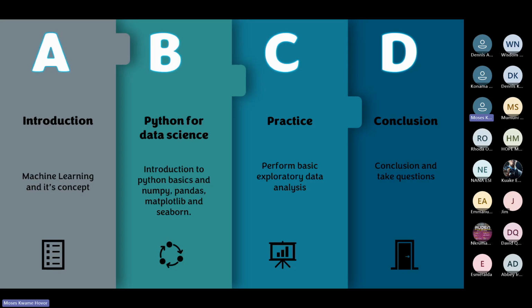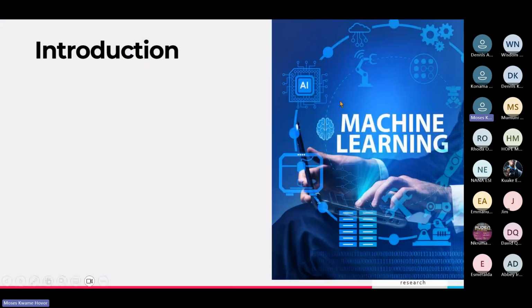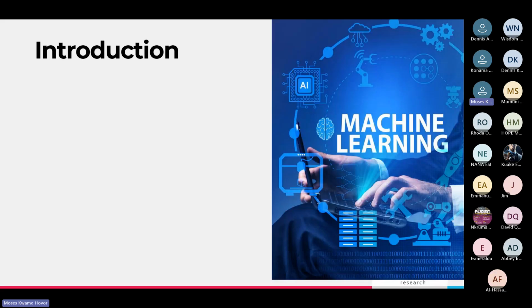Then we'll move on to VS Code, which is my environment, where I will show you some practical examples that we will be using in machine learning. Then 4 will be an overview of whatever we have captured today. I hope we are all ready. Yes, we are active. Thank you very much.